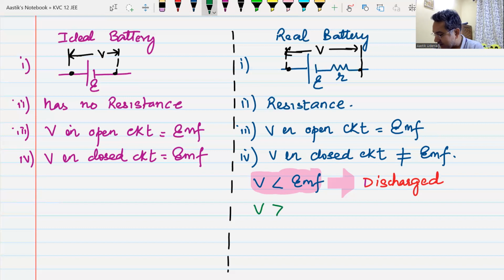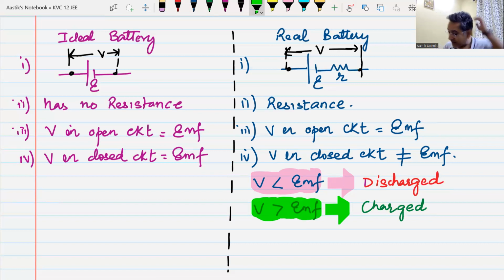V is greater than the EMF of the battery when it is getting charged. So this V can be greater than or less than EMF depending on whether it is getting charged or discharged.